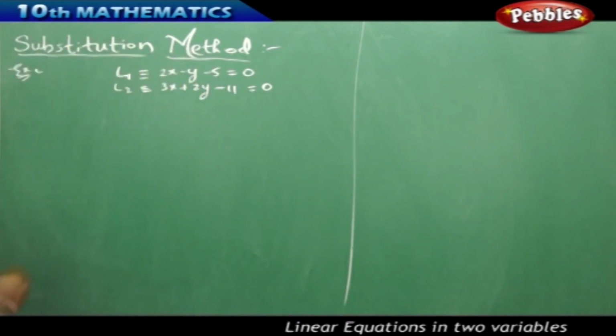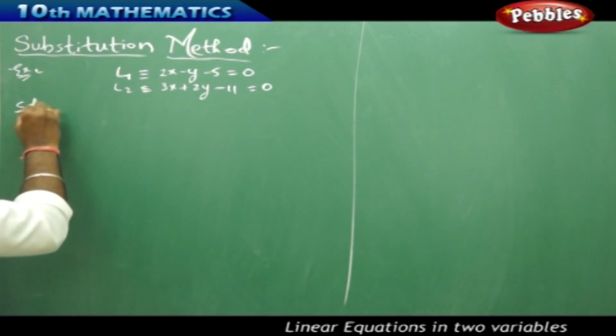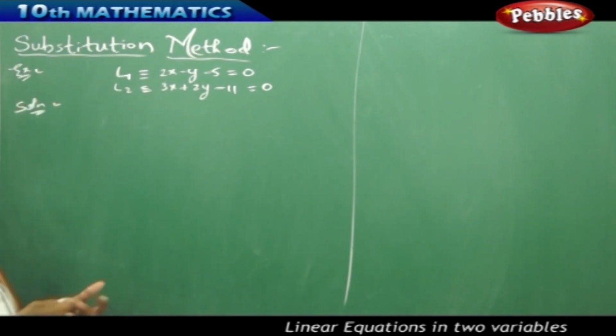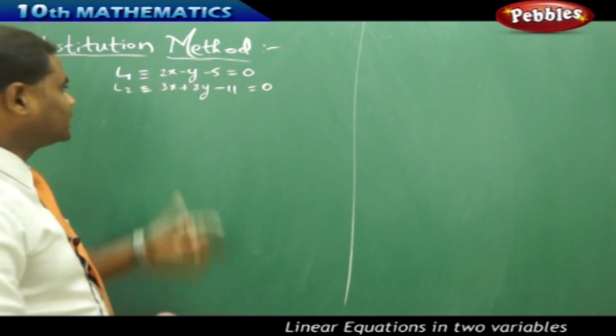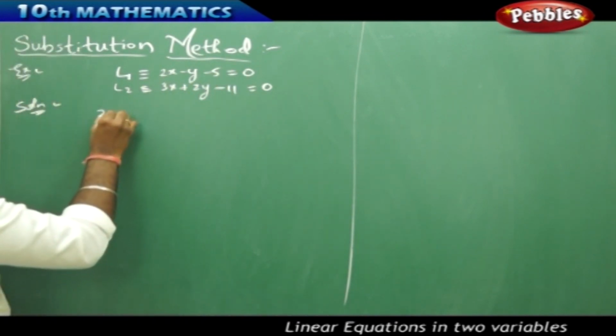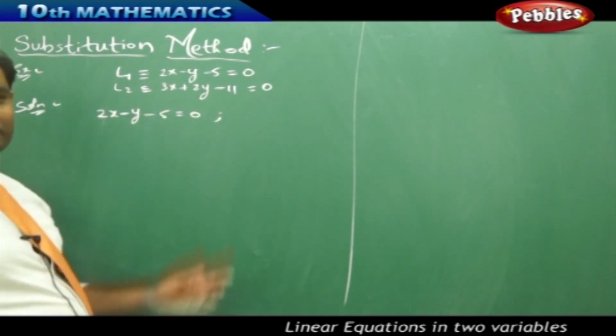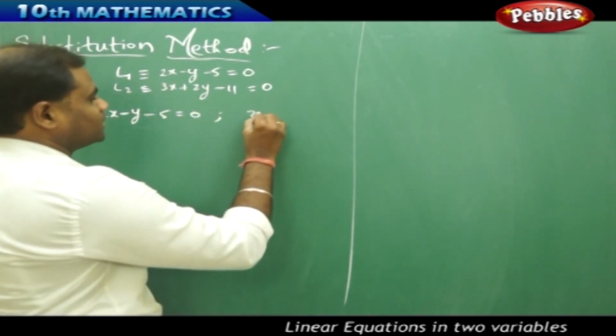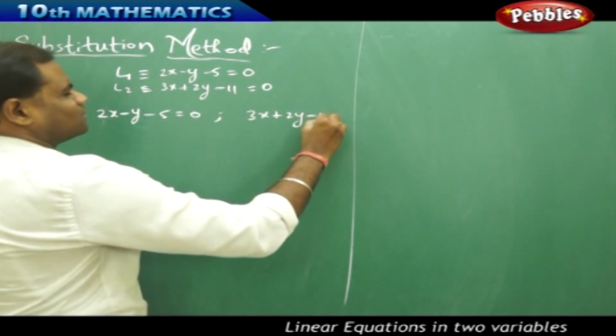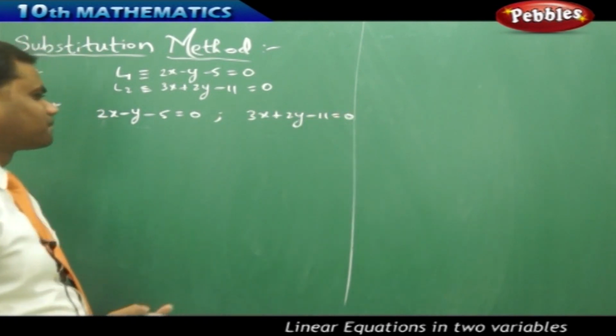So let's see how the substitution method can be used. To start with, I take each of the lines separately. My line L1 is 2x minus y minus 5 equal to 0, and my next line L2 is 3x plus 2y minus 11 equal to 0.